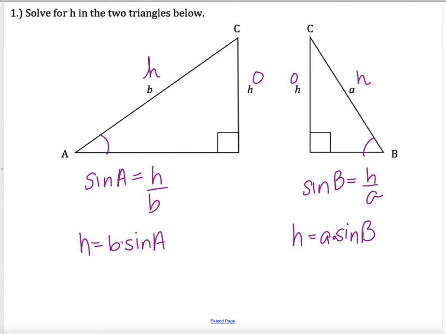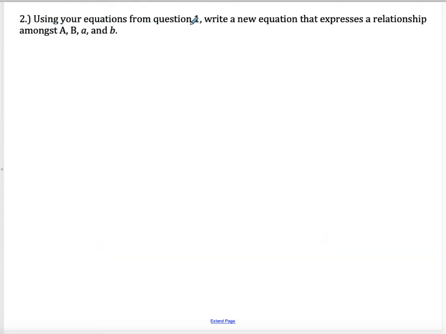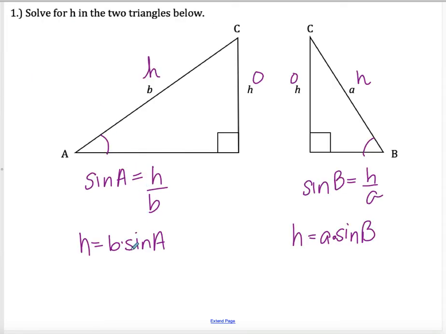On number 2 it says, using your two equations from question 1, write a new equation that expresses a relationship among angle A, angle B, side A, and side B. Well, they're all equal to what? H. If I have two expressions equal to h, would you agree that they equal each other?